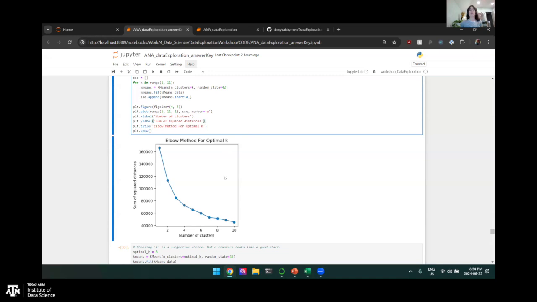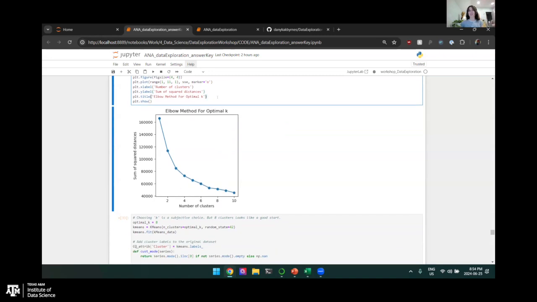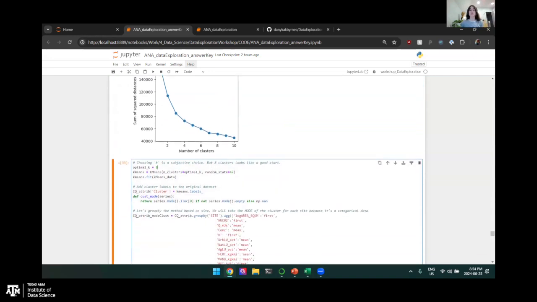Then you just pick one. There are approaches to pick it, but again, it's more of an art than a science. Looking at this elbow method plot, the sum of square distance starts getting flat around 8. So let's just go with 8 and see what it tells us.